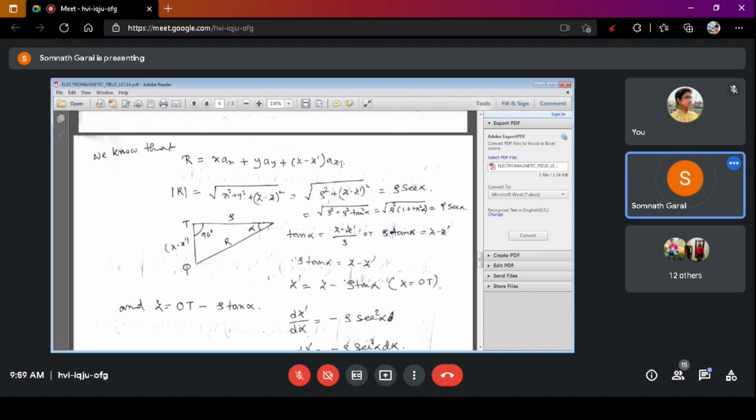Now mod R is equal to root under x squared plus y squared plus (z minus z dot) squared, which equals root under rho squared plus (z minus z dot) squared, because x squared plus y squared is rho squared. That is equal to rho sec alpha.